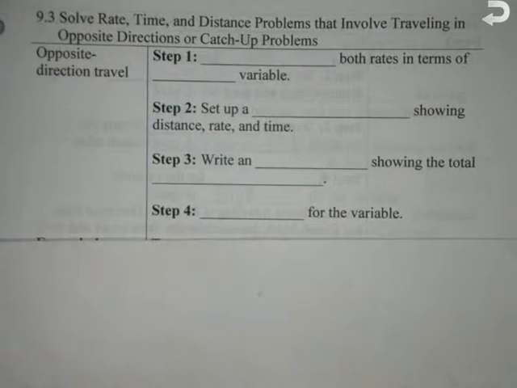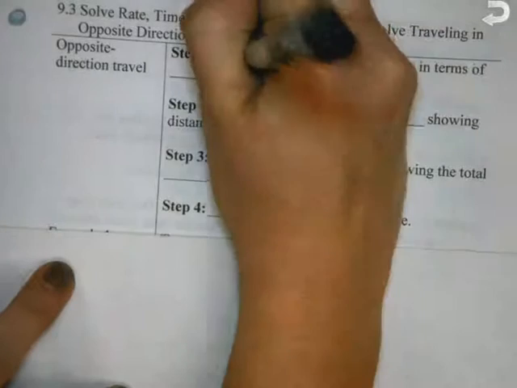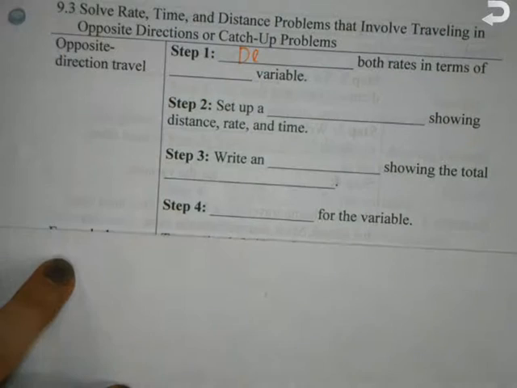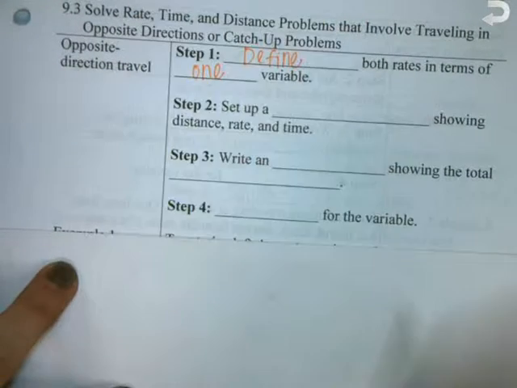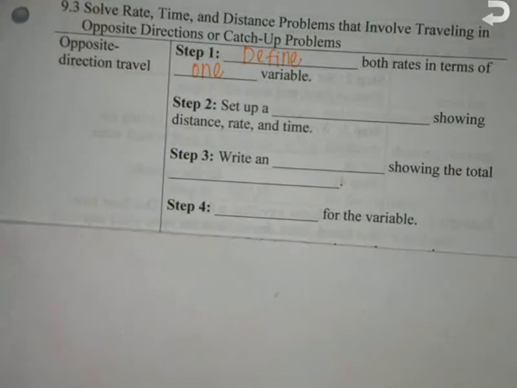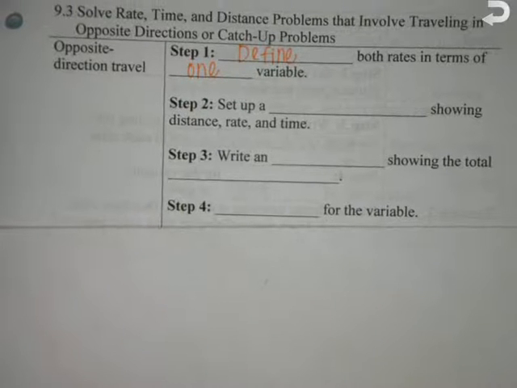Okay, what we first need to do is define, because there's two people, there's two rates, right? So we're going to need to define both rates in terms of one variable. We cannot solve a problem if there's more than one variable. So we have to put them in terms of the same one variable.